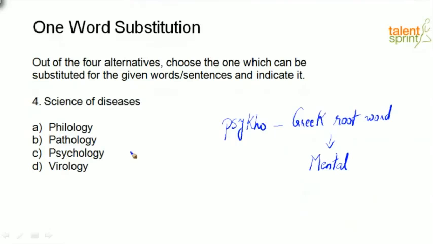So a clue for you, yes, some of you have given me the answer, but the clue for those of you who are not familiar with any of the other words, right? Pathos is another Greek root word. Pathos. And what does it mean? It means suffering, disease.